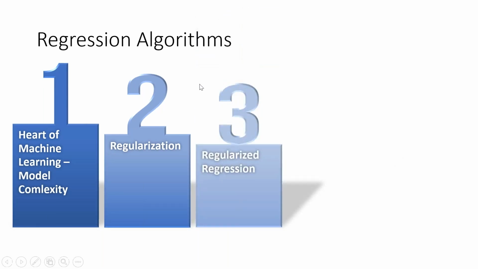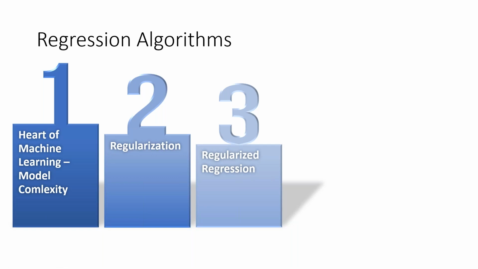Then we will review the regularized regression algorithms: lasso algorithm, ridge algorithm, and elastic net. They fall under these regularized regression algorithms. So we will go through them quickly, see what each is, and then apply them in our project. So we will have a basic understanding of those three.